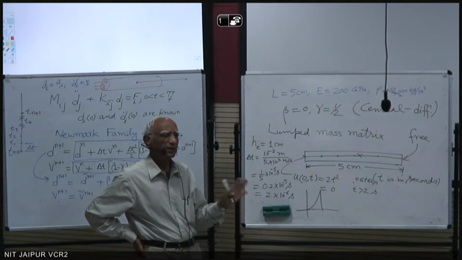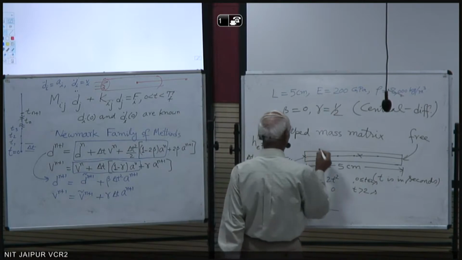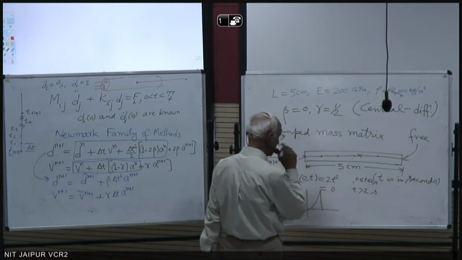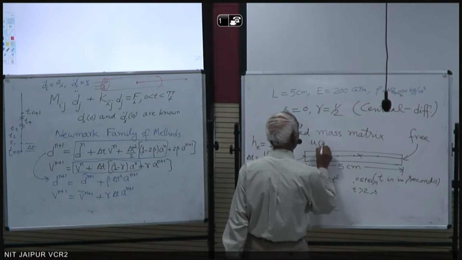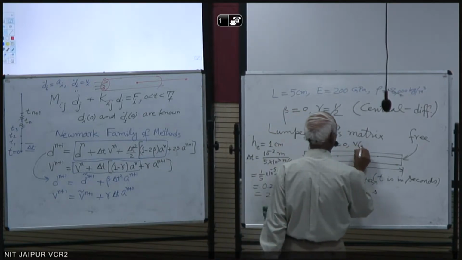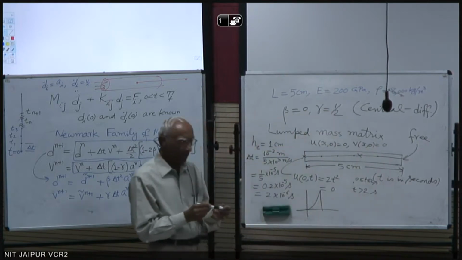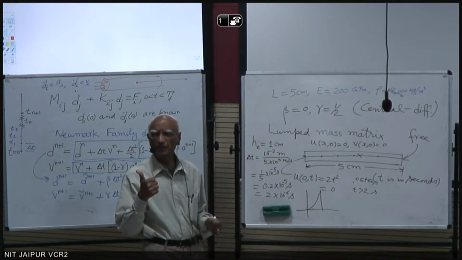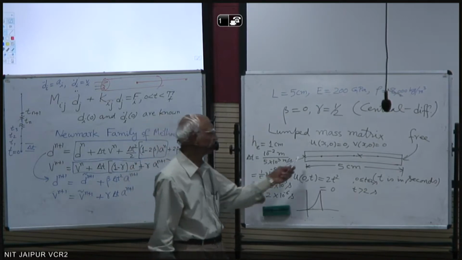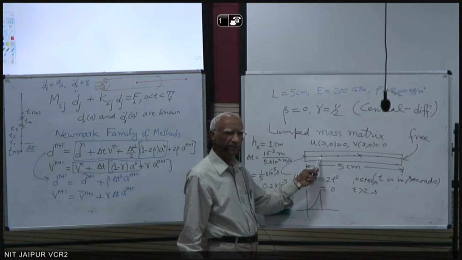Initial displacement is zero, initial velocity is zero. So after the first time step, after two time steps, you should see this node moving, possibly this one.